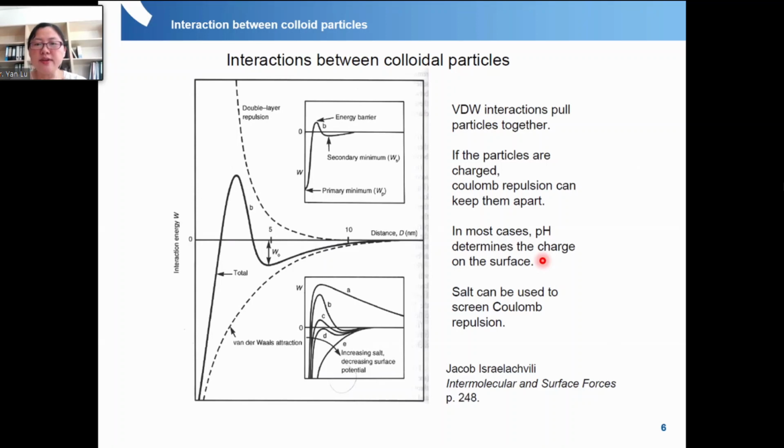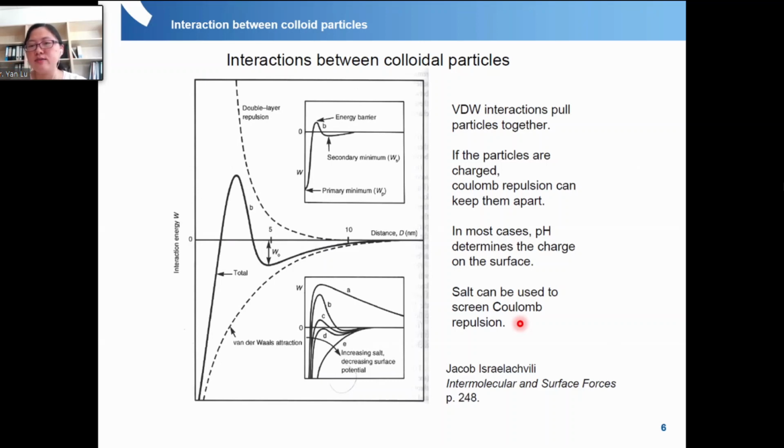Another very important point, as I mentioned, is that the salt concentration is also an important factor for this Coulombic repulsion, because if you have a very high salt concentration, you can screen the electrostatic interaction.